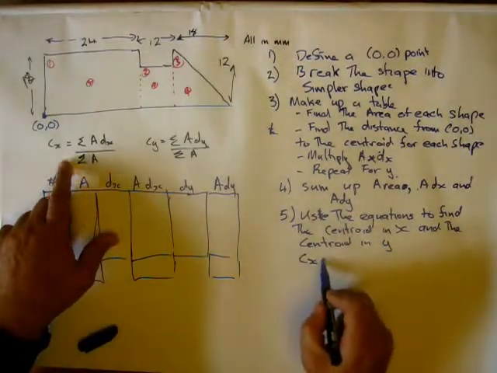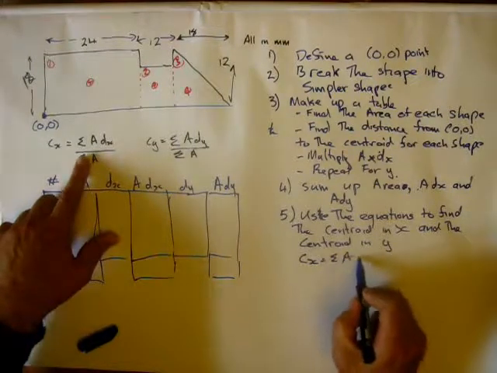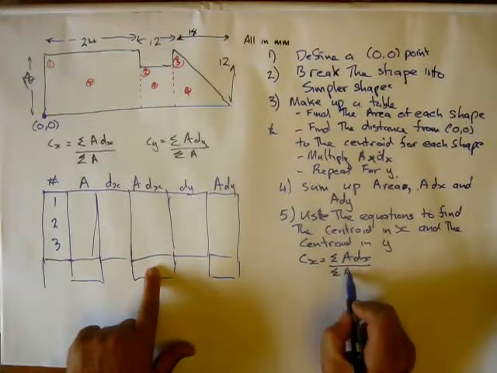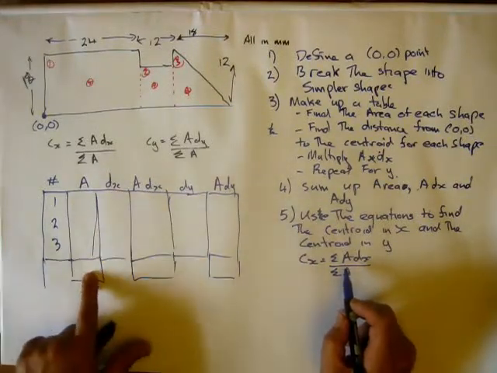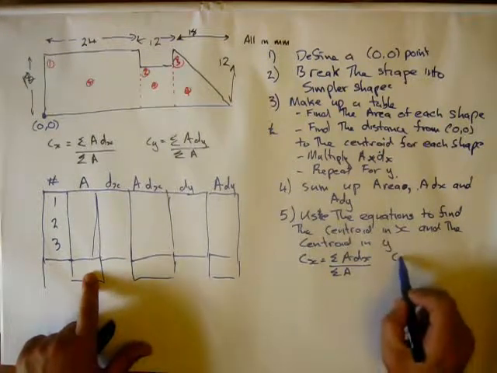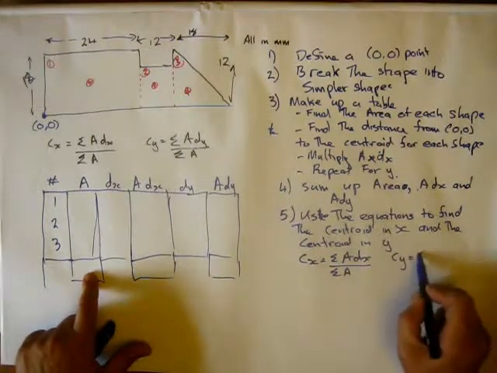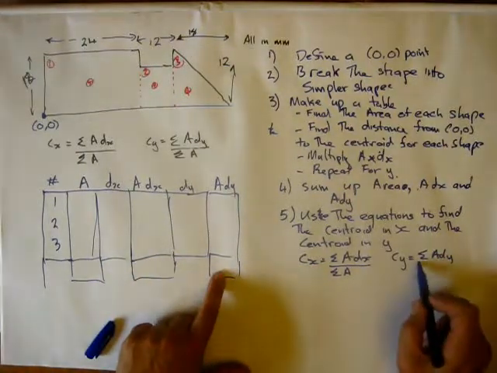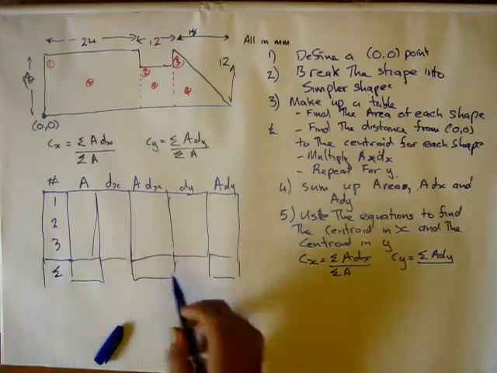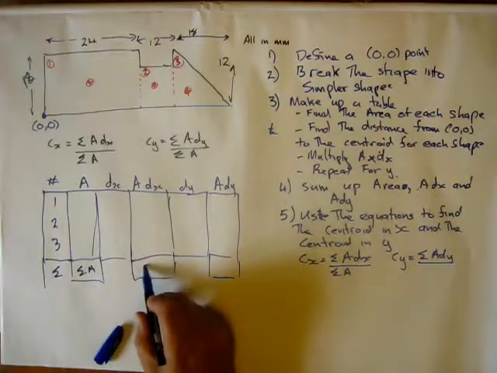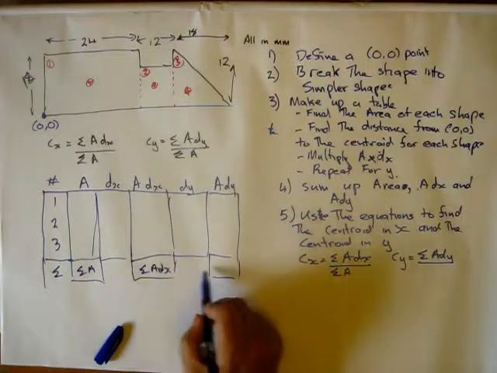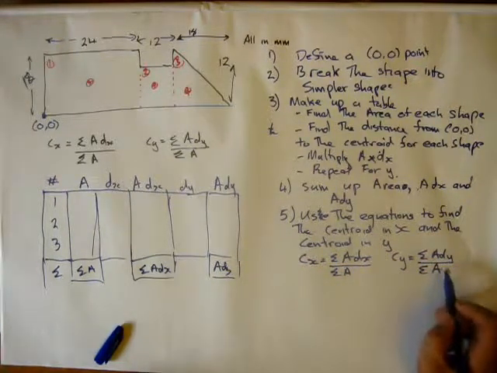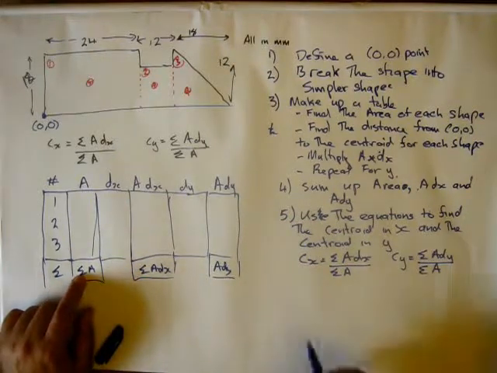So Cx equals the sum of A dx divided by the sum of A, which is all of these ones added up. We'll do an example of this in a second. Cy equals the sum of A dy. So we add all of this one up. So this is sum of A, sum of A dx, sum of A dy. And we're going to divide that by the sum of area, and that gives you the centroids.